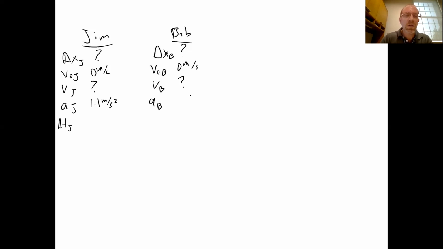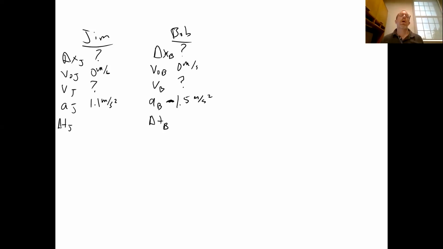We know it has a size of 1.5 meters per second squared, but remember, it's to the left, so we need to put in a negative sign there. And then delta t b, we don't know that either. So I look at each of these two tables of variables, and notice that I've got a real issue because I only know 2 out of the 5 things in each one. And I told you guys we need 3 out of the 5 in order to get anywhere.